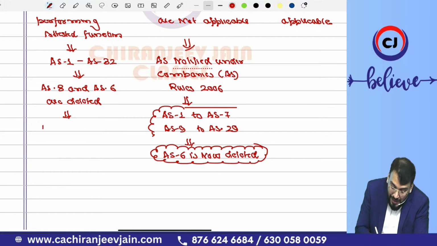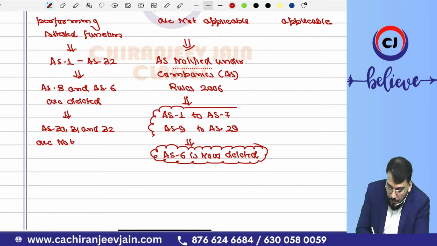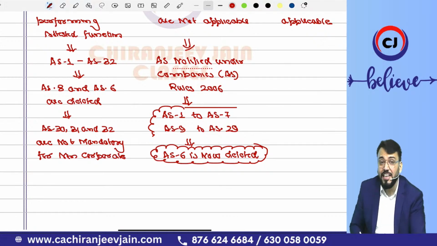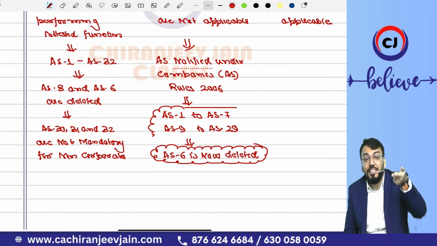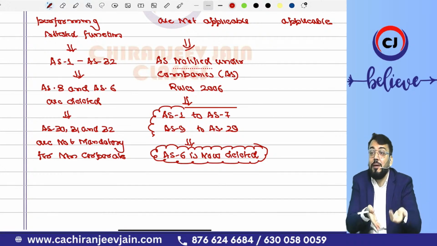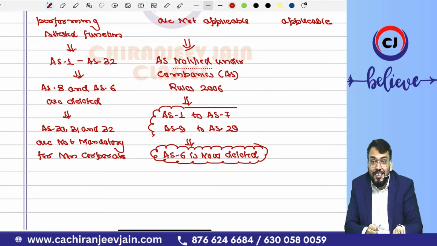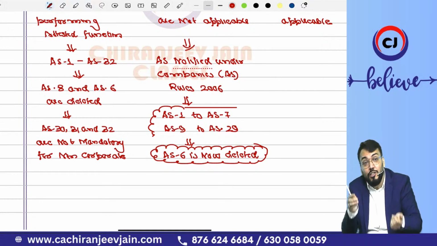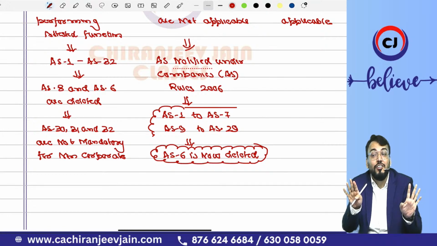And AS30, 31 and 32 are not mandatory for non-corporate. Actually, AS 30, 31, 32 were mandatory for companies, but now this AS is not applicable to companies. So AS 30, 31, 32 were issued but are not mandatory for non-companies.